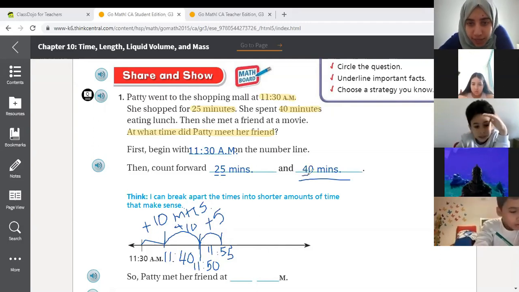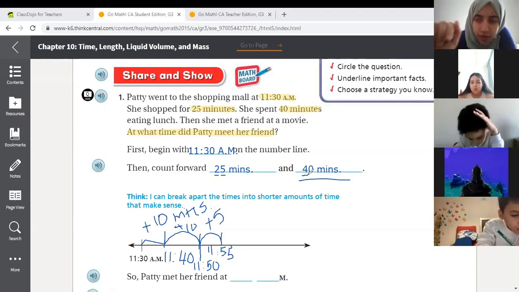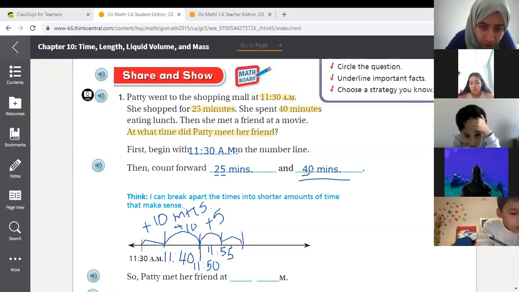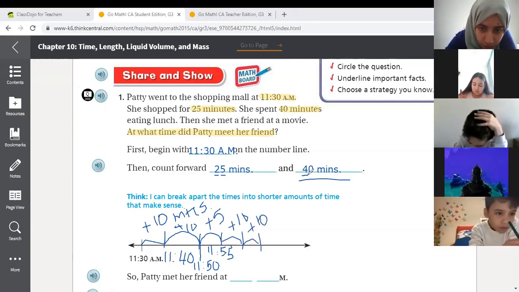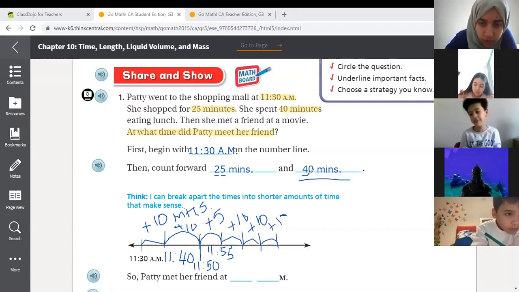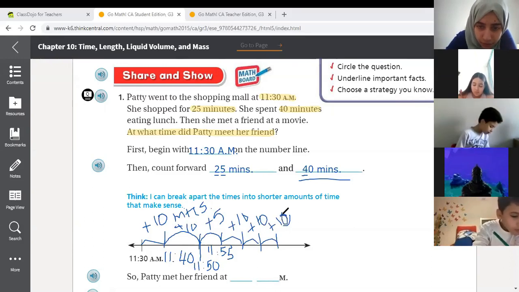How many tens? 4 tens. So I need to count by 10 four times. So 1, 2, 3, and 4, right?